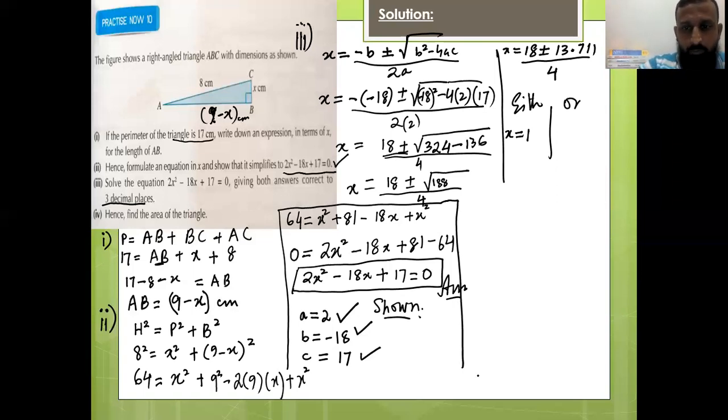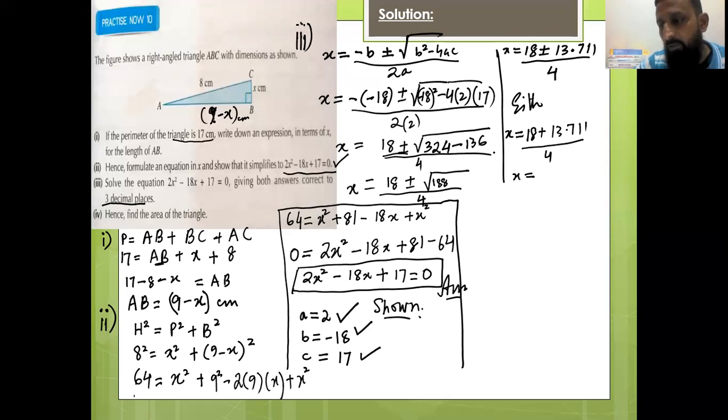Or just hold on. So either 18 plus 13.711, whole upon 4. You are allowed to use your calculator, dear students. 18 plus 13.711, the result is found to be 31.711, and then divided by 4.